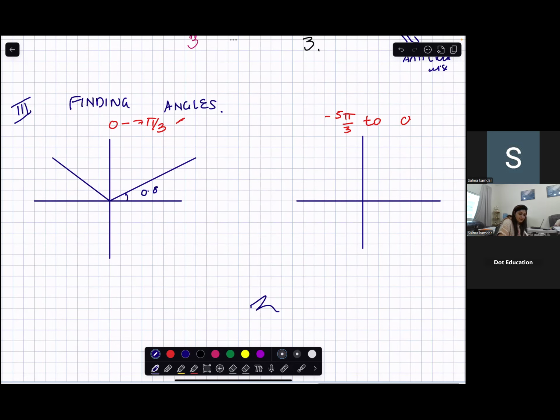This is 0.805. Now I just define my range in radians. So it's going to be 0, pi by 2, then pi, 3 pi by 2, and 2 pi. Are you with me? I have to do between 0 to 7 pi by 3.